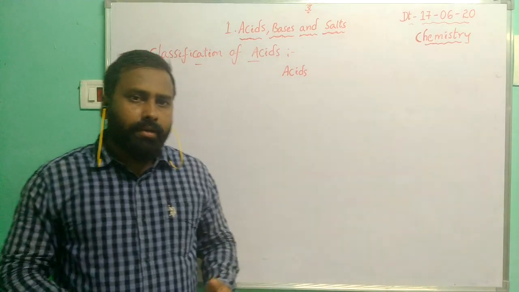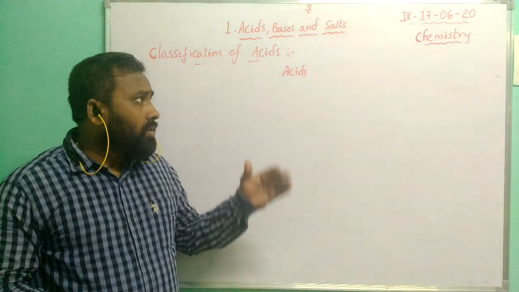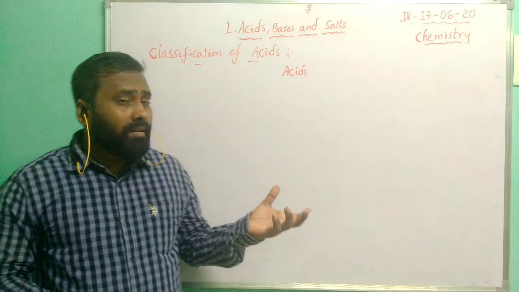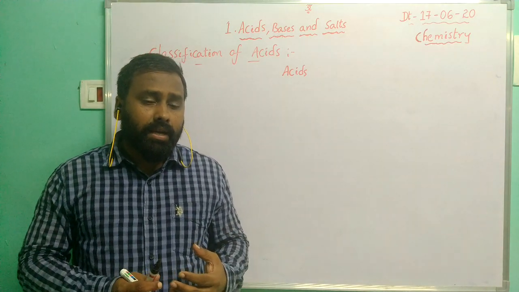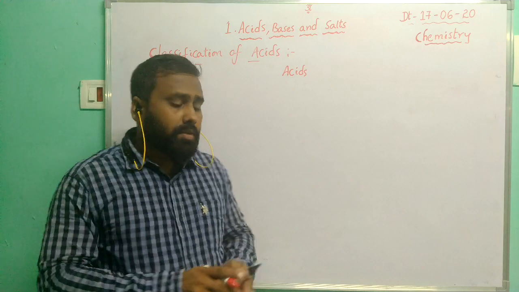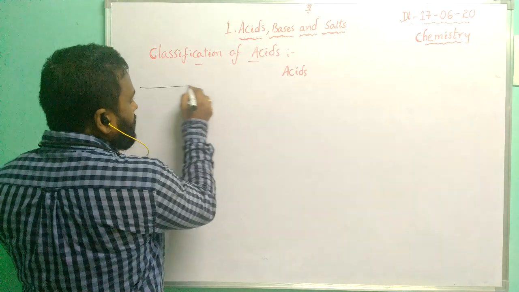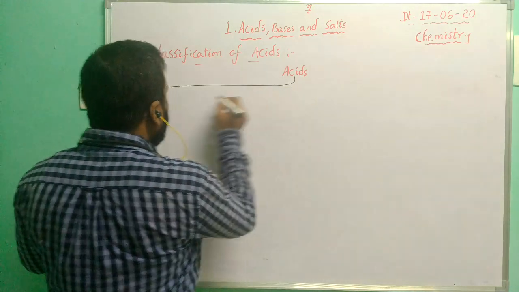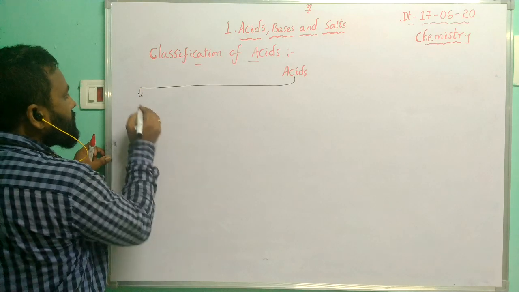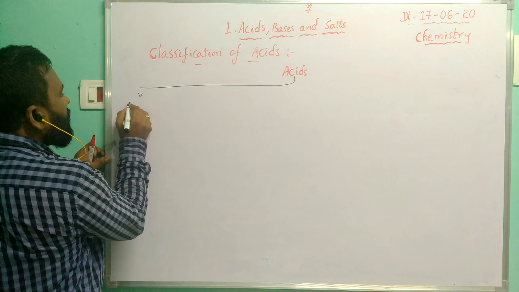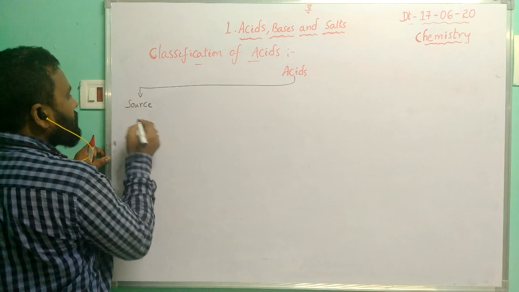Now I would like to explain the classification of acids. The acids are classified into several types under different categories. The first one is, acids are classified into two types based upon the source or origin.